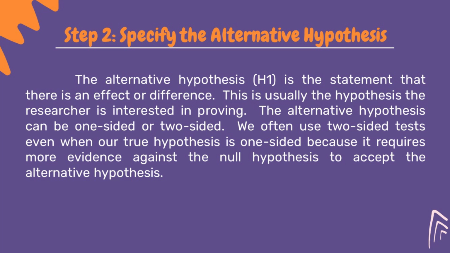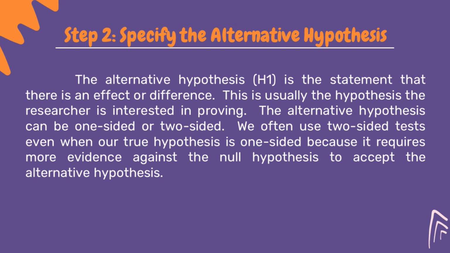Step number 2. Specify the alternative hypothesis. Alternative hypothesis is the statement that there is an effect or difference. This is usually the hypothesis the researcher is interested in proving.